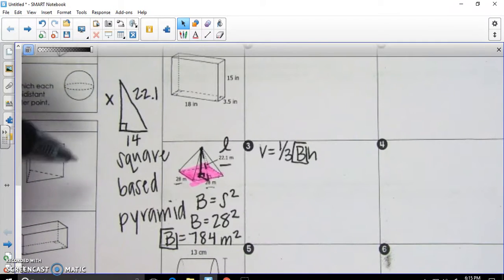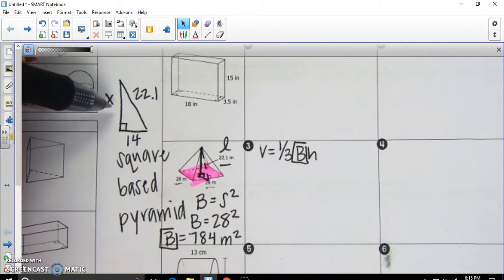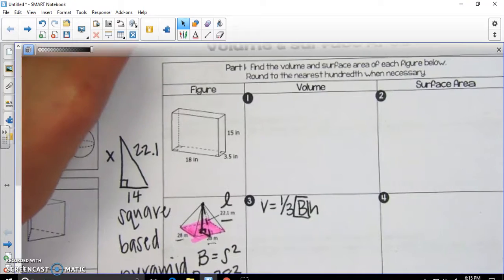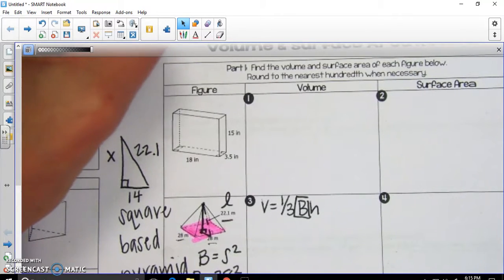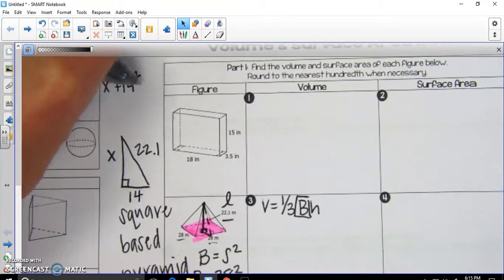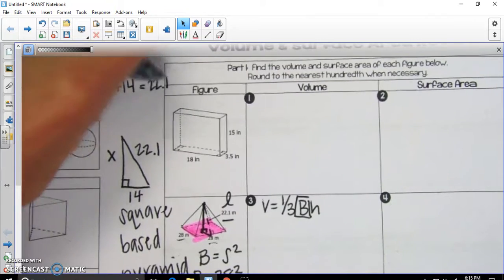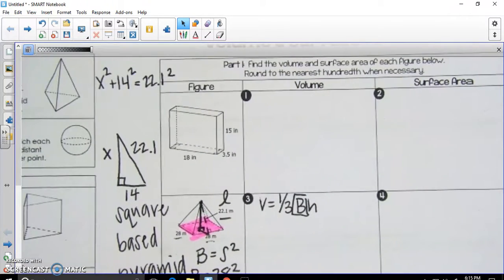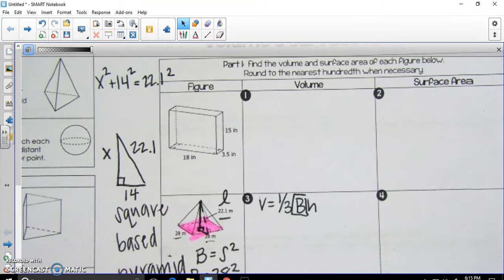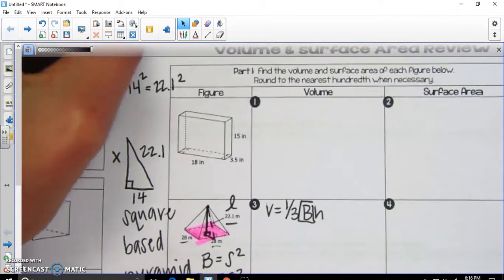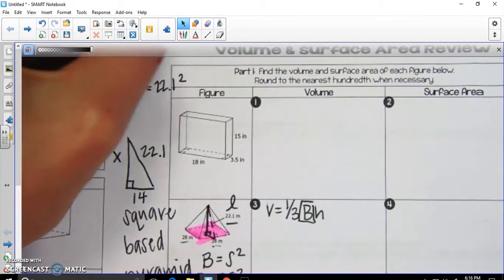Now that we have this set up, we can use the Pythagorean theorem to find x. So we'll do x squared plus 14 squared equals 22.1 squared, and follow through with the Pythagorean theorem and see what we get. We're going to end up getting that the height, or x, is 17.1.